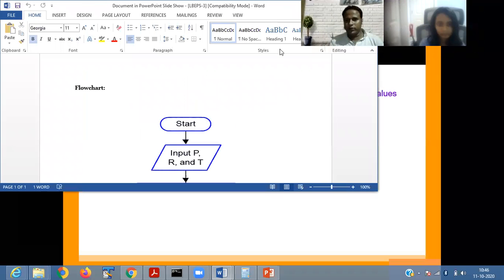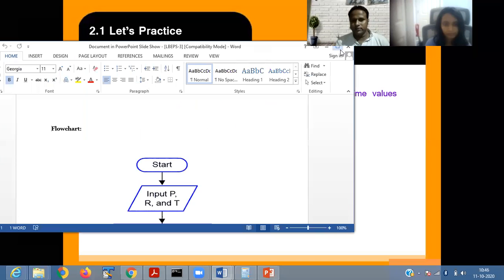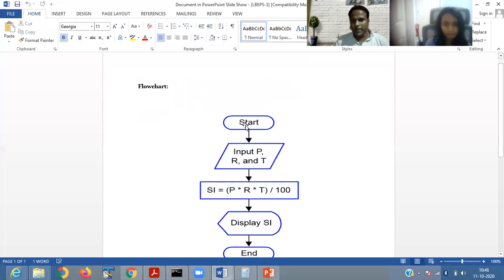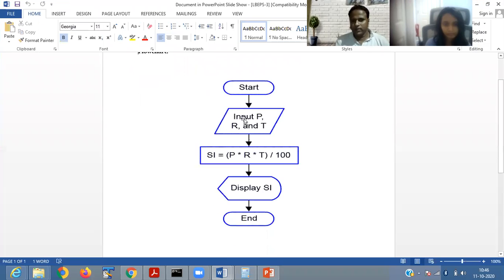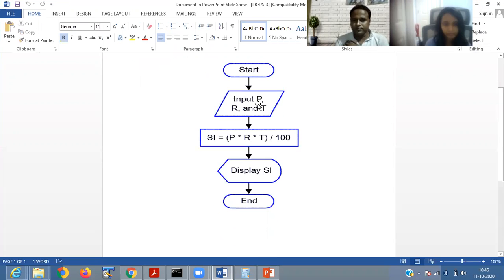So we have to use the flow chart here. Start the flow chart, then input P, input R, and input T. P for principal, R for rate of interest, T for time.